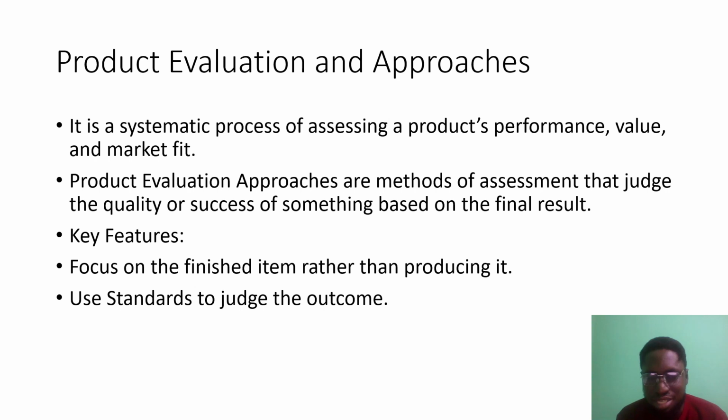You can't just bring anything to the market and say, this is a product I'm bringing, without passing through all the necessary criteria for you to bring out a product. So it's really important for you as a designer to bring out the things that are important for you to bring out a product.